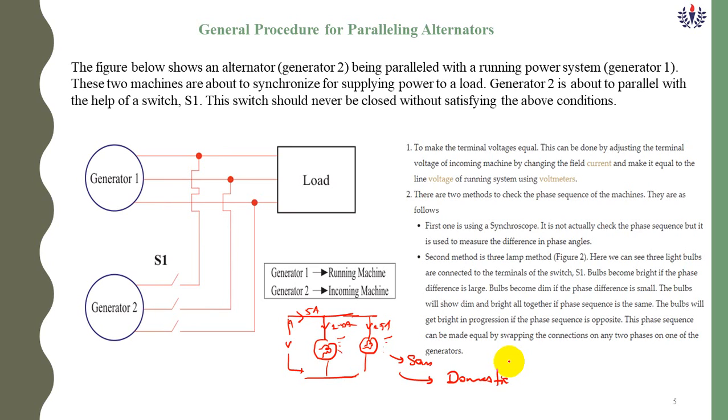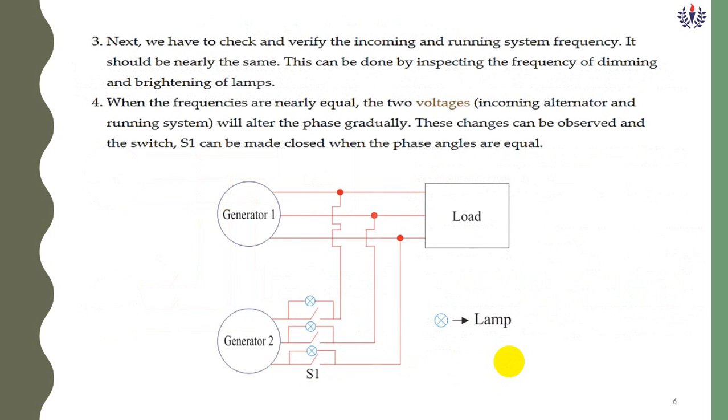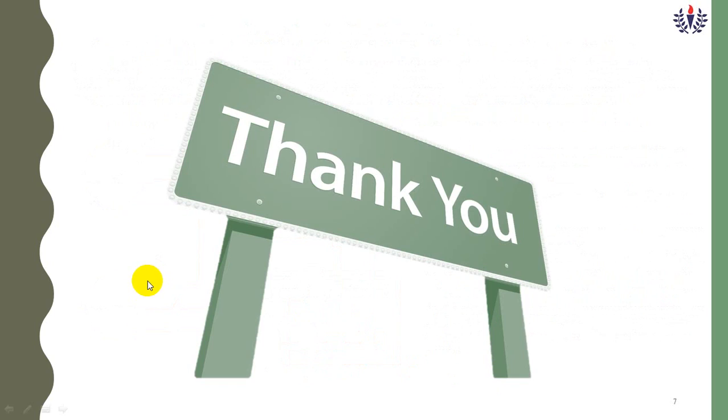In hydropower stations, they generate power at a constant speed, so if they connect two generators at a time, they can achieve a maximum level. That's why parallel operation is applicable in hydropower stations. Understand? Okay, thank you.